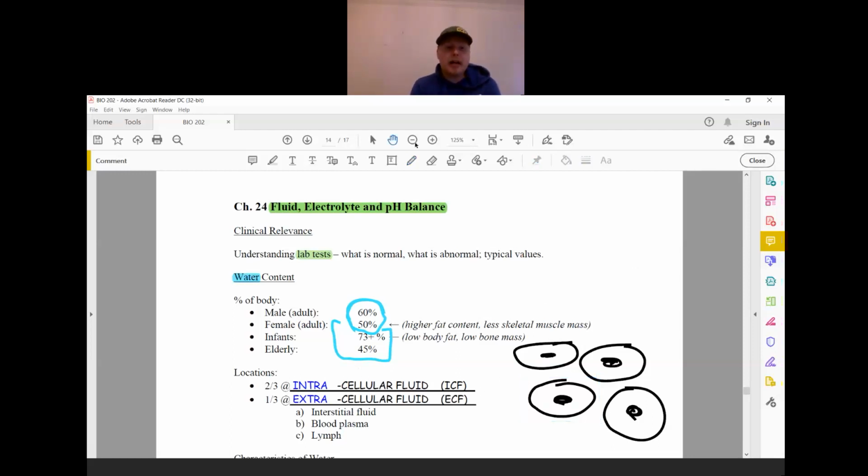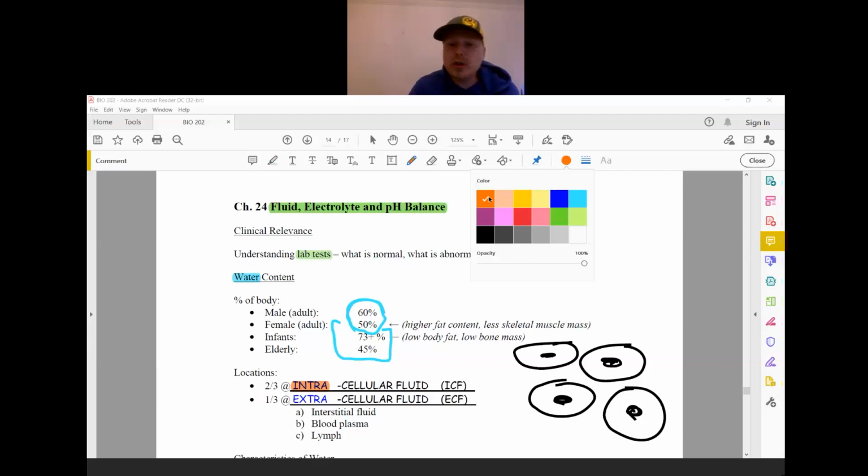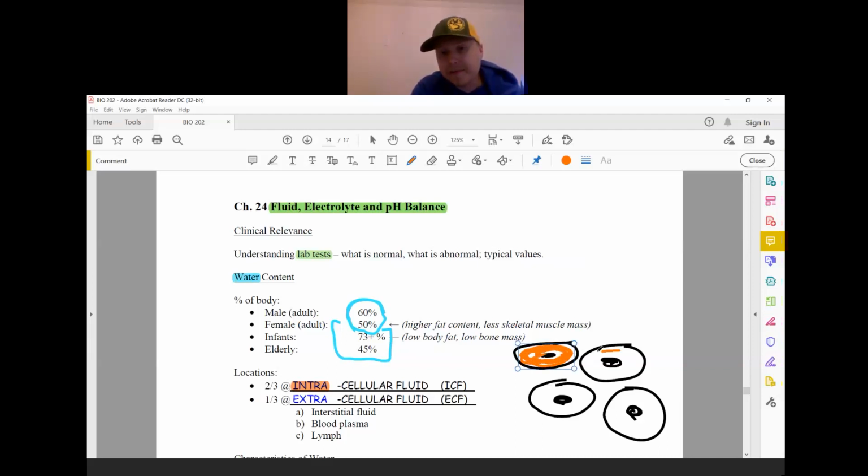We will start by talking about intracellular fluid. Intracellular fluid means that this fluid is located inside the cells, and this is about 2/3 of all the fluid in the body.